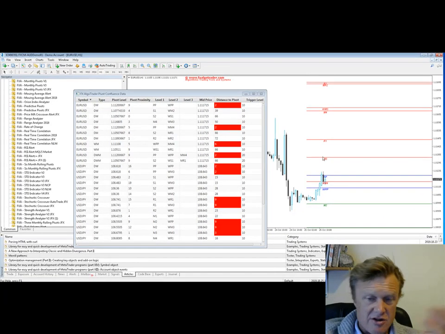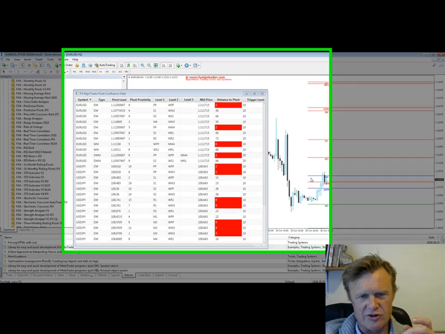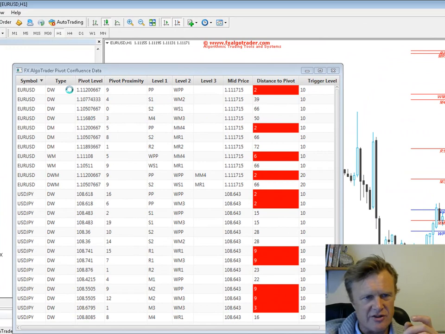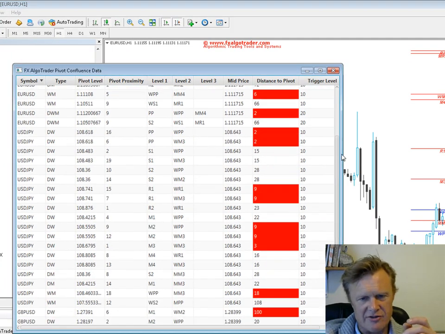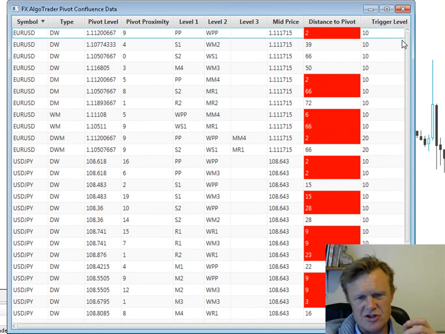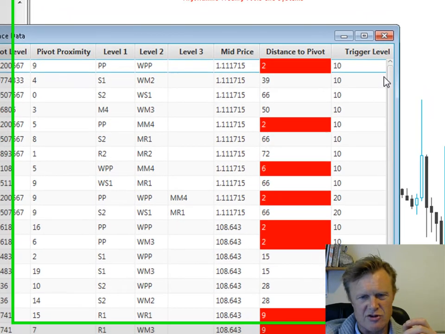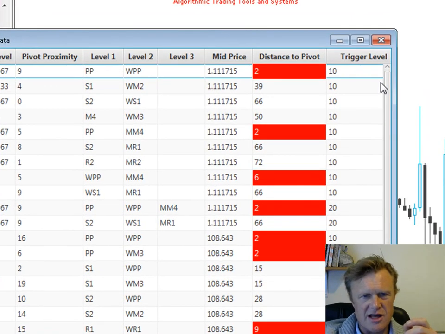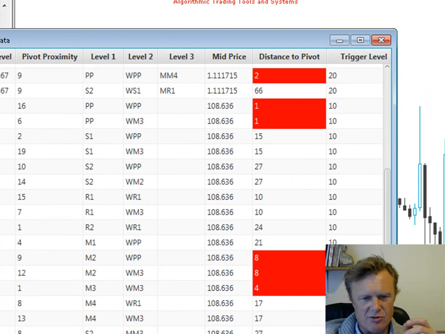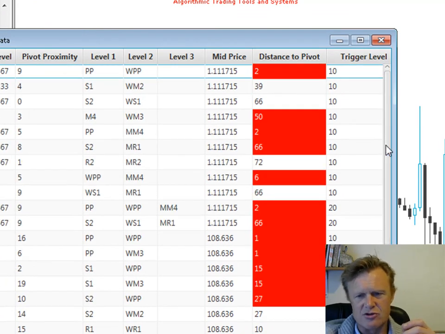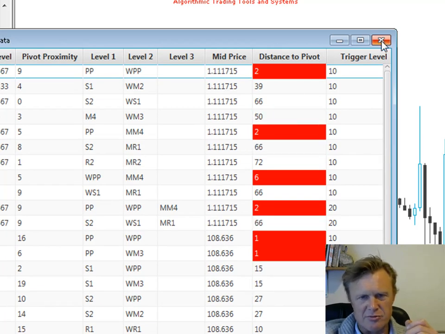Essentially that's what you need to do with this system: you're looking for a confluence of pivot levels, and by using this scanner service you don't have to mess around going through each chart and spending ages trying to work out what's what. It'll just tell you straight away exactly where you need to be looking in order to plan your trades accordingly. So that's how the system works in principle.